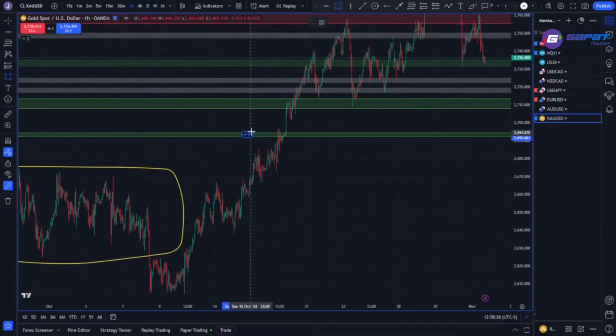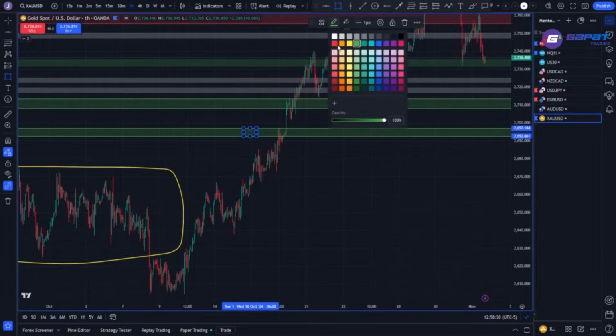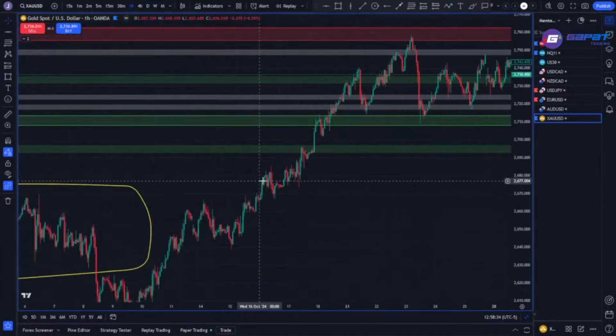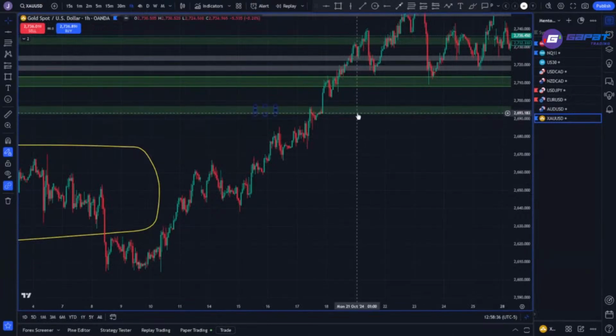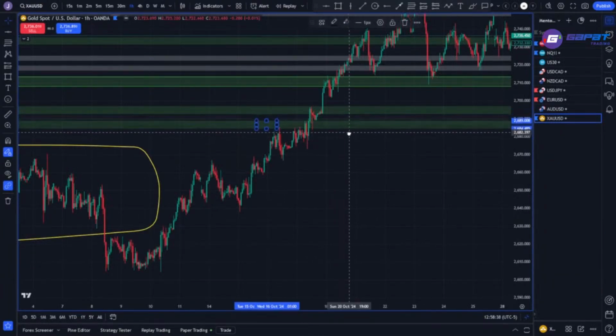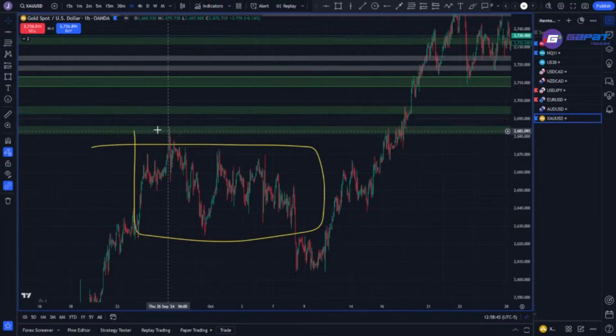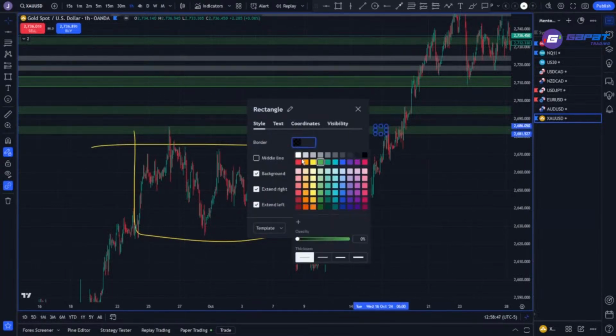Okay. This will be important because it is the start of a directional move up. We have a smaller range right here. And that lines up perfectly with this. So this will be a strong level as well.